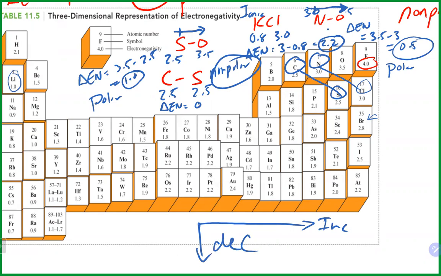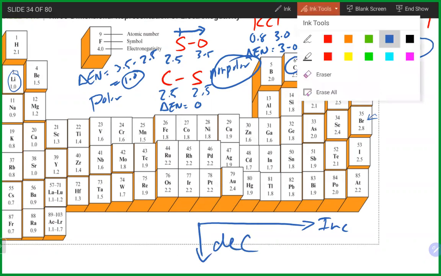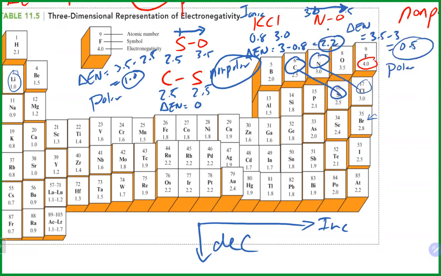For example, the one where we had nitrogen and oxygen: they are in the same period on the periodic table, and oxygen is further to the right, which means you would expect oxygen to be more electronegative than nitrogen. You can make a pretty safe, educated guess that it's going to be a polar bond, because they're in the same period and one's further to the right.